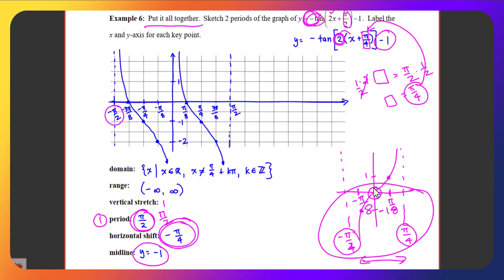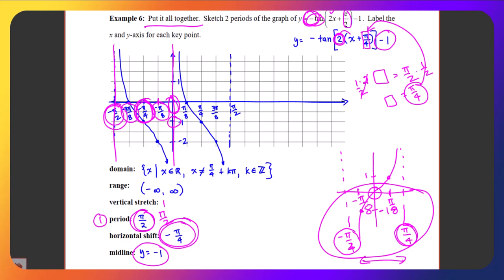This 0 becomes negative pi over 4, and this pi over 4 shifted to the left is 0. And halfway between 0 and negative pi over 4 is negative pi over 8, negative 1 pi over 8, negative 2 pi over 8, negative 3 pi over 8, negative 4 pi over 8. So we've now shifted our graph over and we've labeled our x-axis.